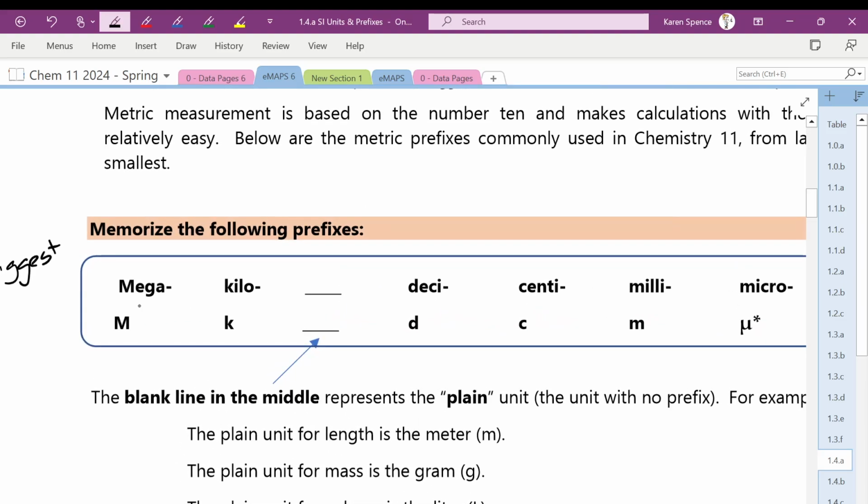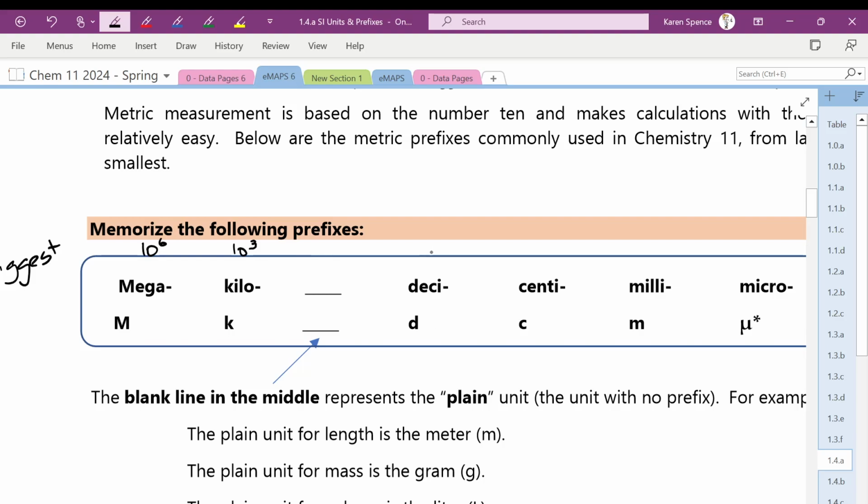So we have mega, which is big, kilo. And I'm just going to put these up at the top, but you're not required to know this yet. This will be for next unit. Mega is 10 to the 6. Kilo is 10 to the 3. The blank is just there because if you have a megagram and a kilogram, the next size smaller is just a plain old gram, so there's no prefix there.